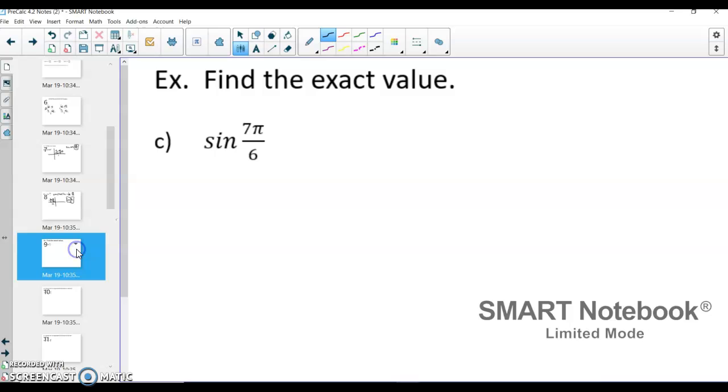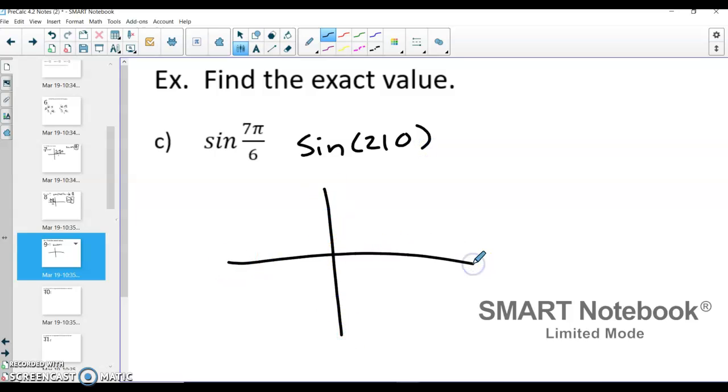Okay? We'll do one more like that, the sine of 7 pi over 6. All right, well, the pi over 6 is 30, so this would be the same thing as the sine of 210. If I put that in here, 210 is right here. This line right here is 180. And so that means this is 30 degrees more than 180. So that's 60.